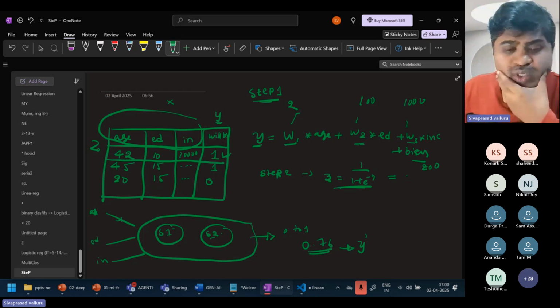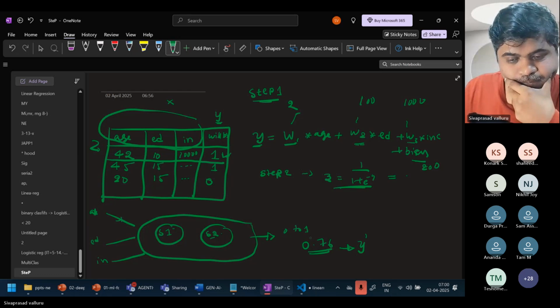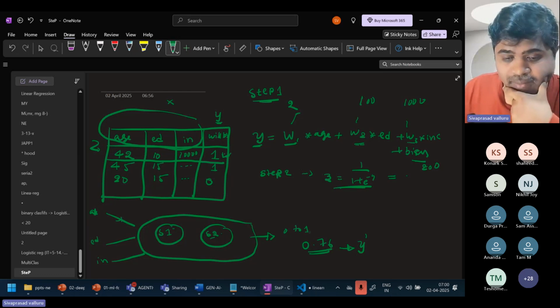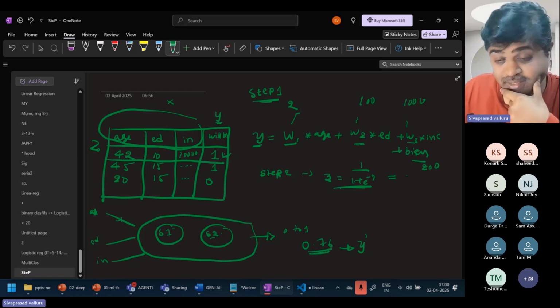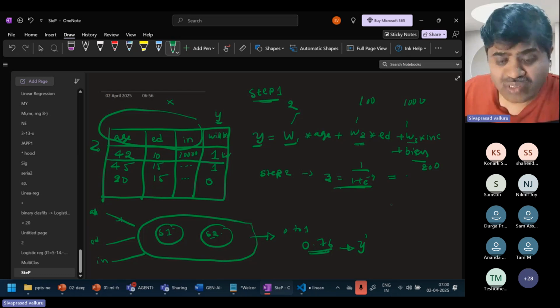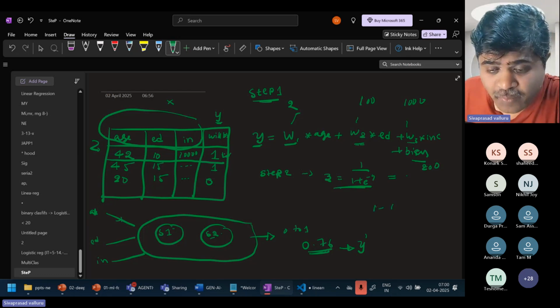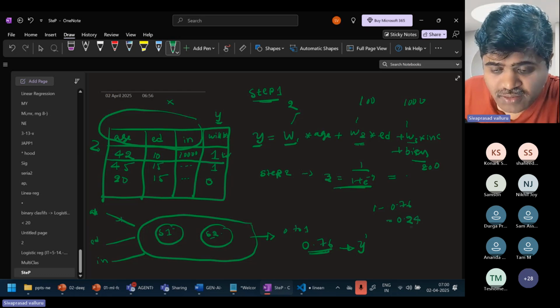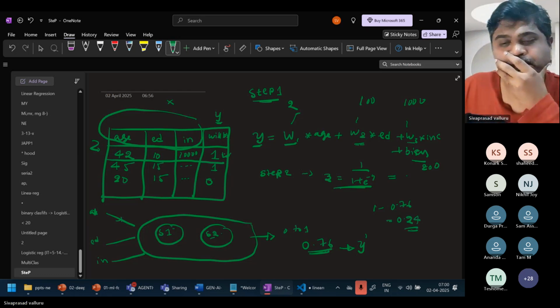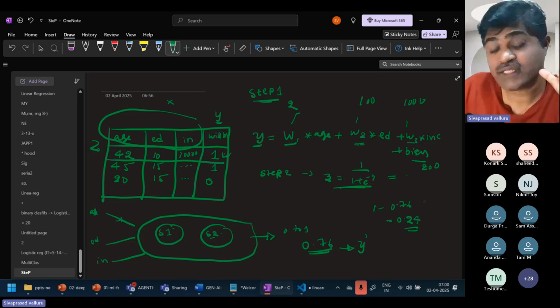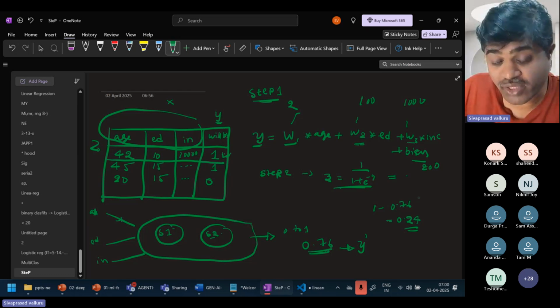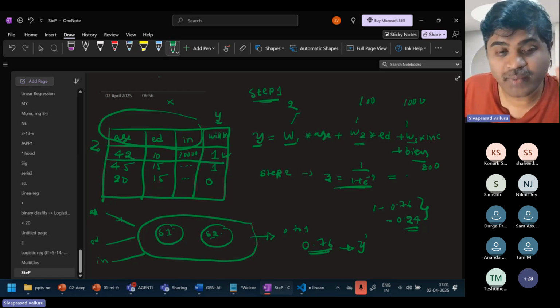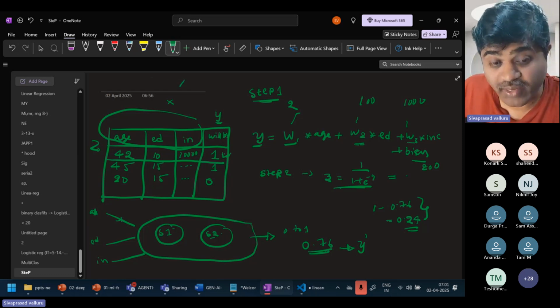Okay. But now, is there a loss or not? Actually, the value is 1, but the predicted value is 0.76. Now, do you want to consider loss as 1 minus 0.76? Do you want to consider this as loss? No. This is not the loss from the original value. Actually, when I was calculating linear regression, we understood loss will be calculated by delta square.